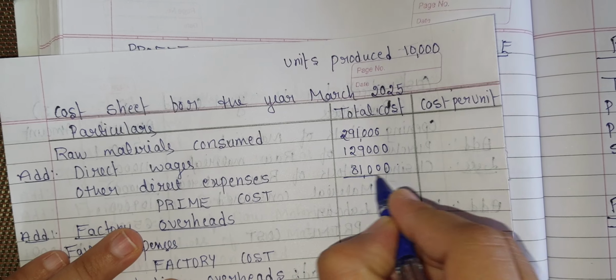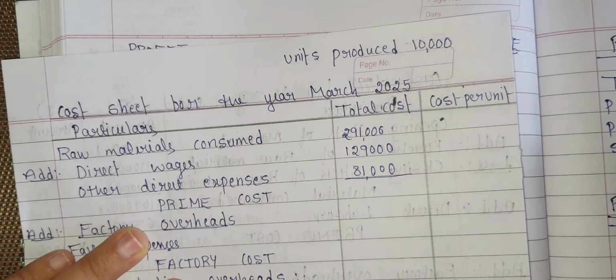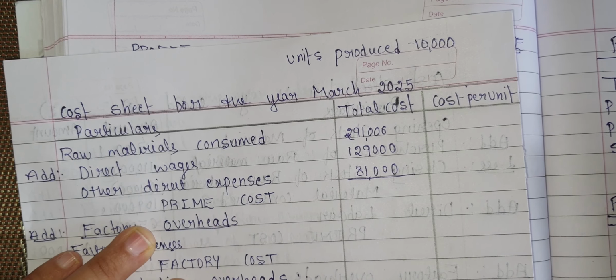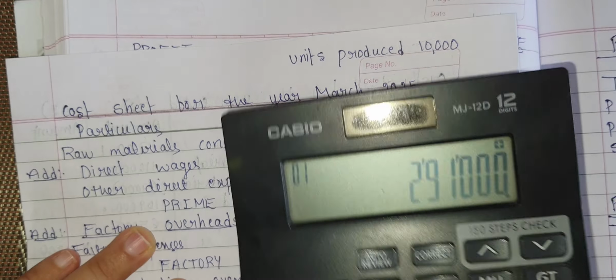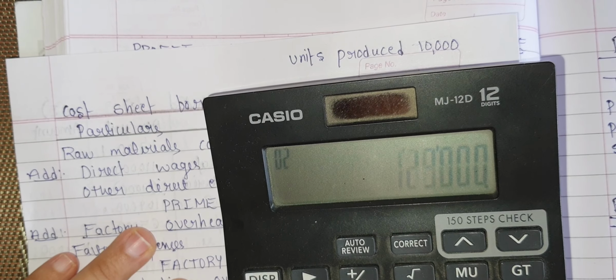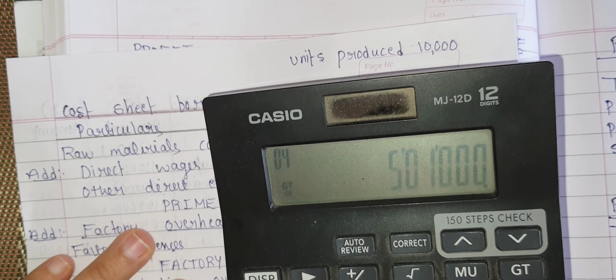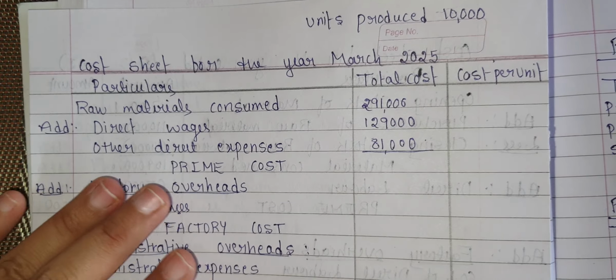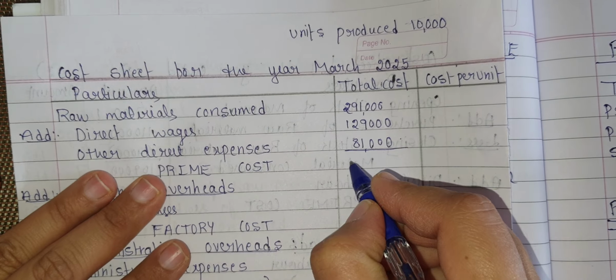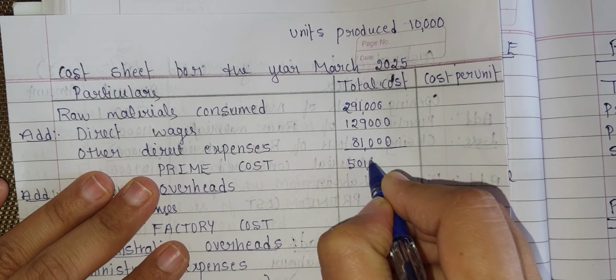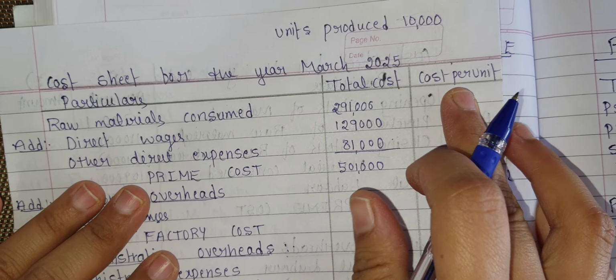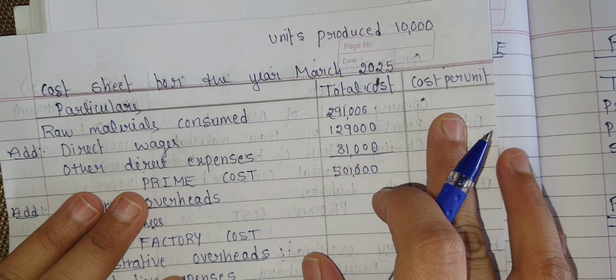So what is our prime cost? 2,91,000 plus 1,29,000 plus 81,000. So our prime cost is rupees 5,01,000. Write down rupees 5,01,000.